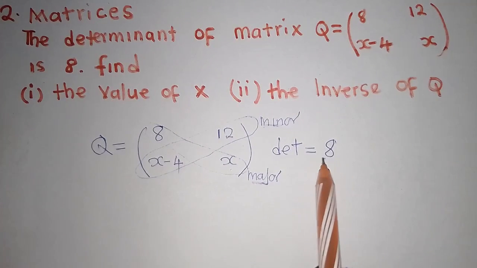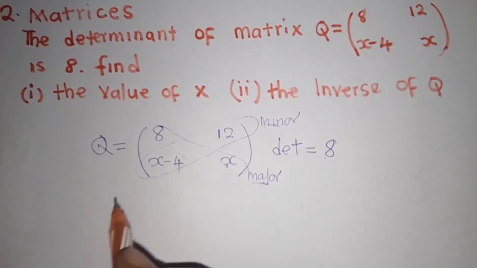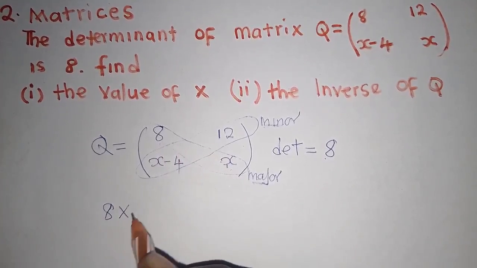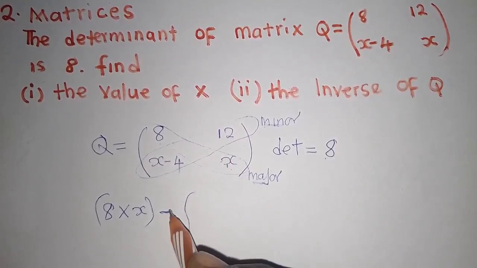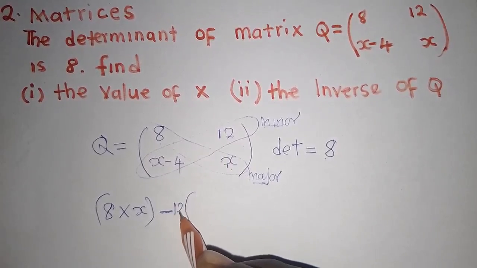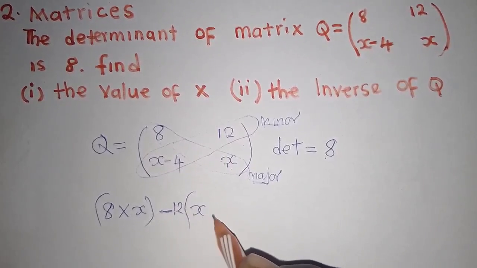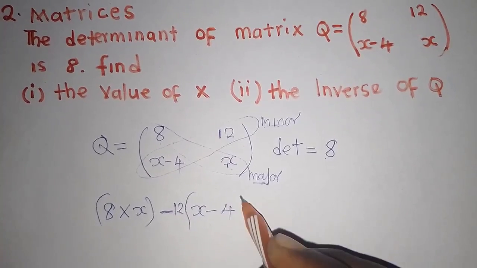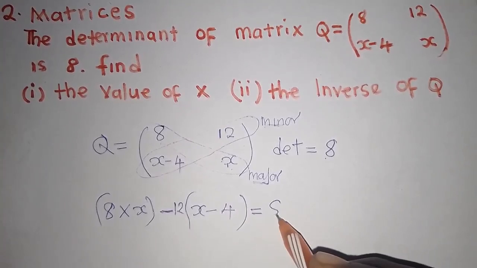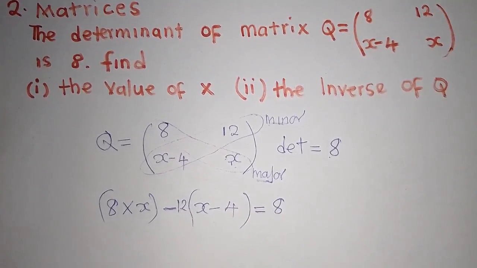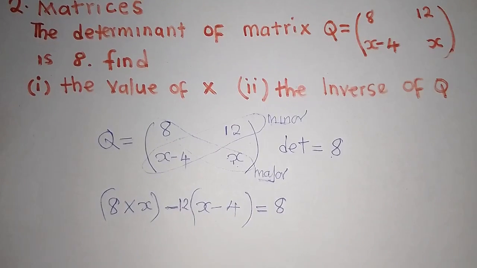What we need to do is that you know the determinant is 8. You multiply these two in the major diagonal, 8 times x. Then you say minus the minor diagonal. Minor diagonal we've got 12, then x minus 4, which is equal to the determinant, 8.